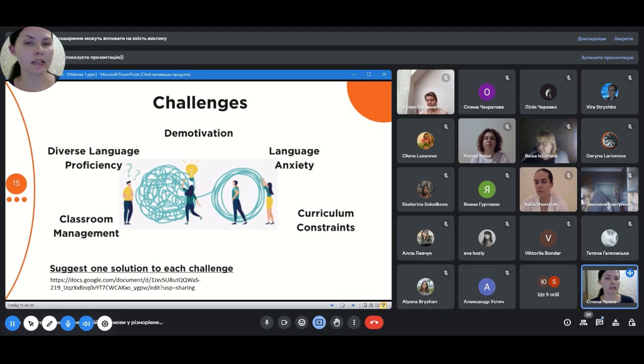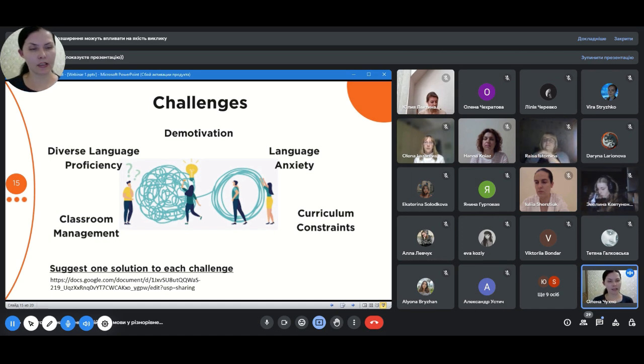The last one is curriculum constraints. Usually, we follow some curriculum. There are solutions already, but still. Our institutions require us to follow some curriculum, and by the end of the course, we need our students to achieve some outcomes.